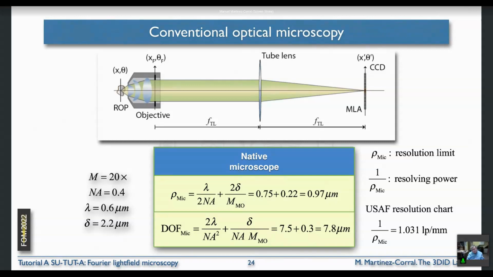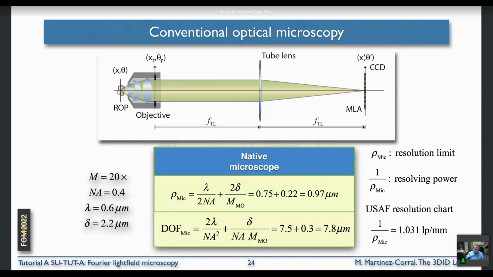So before that, let me make some numbers. This is a microscopy conference, so every one of you knows this, but let me put it in a slide. I will call this microscope the native microscope. I call it native because over this microscope, later I will insert things.